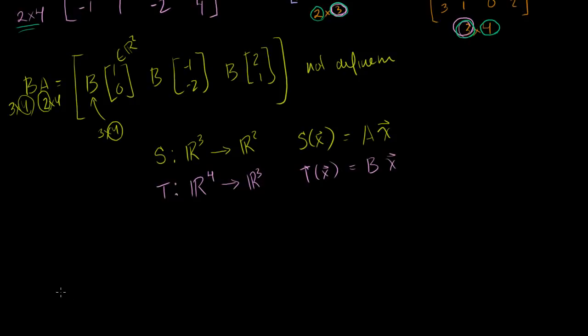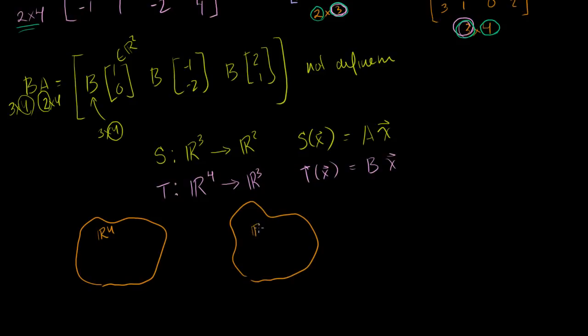Now, if we think of the composition of the two, let's think about it a little bit. We have R4 here, R3 here, and R2 here. T is a transformation from R4 to R3, so T would look like that.